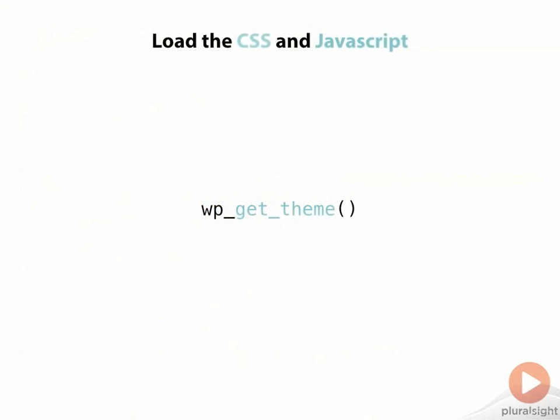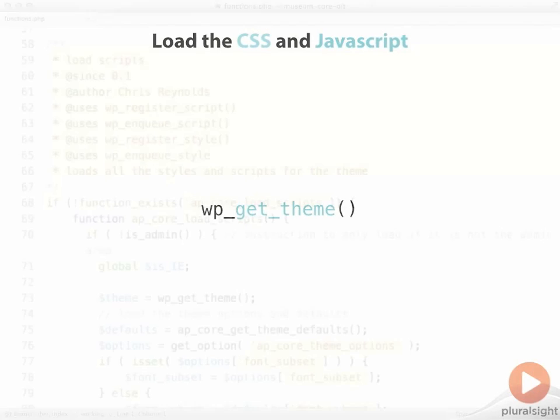wp_get_theme is the replacement function for the older, now deprecated function get_theme_data. They do essentially the same thing, return information about the currently active theme. Optionally, you can pass the directory name for the style sheet for wp_get_theme to look in if you want to get theme data about a theme that is not the active theme. And if you have the theme in some non-standard location, you can use another parameter to define the theme's root directory.